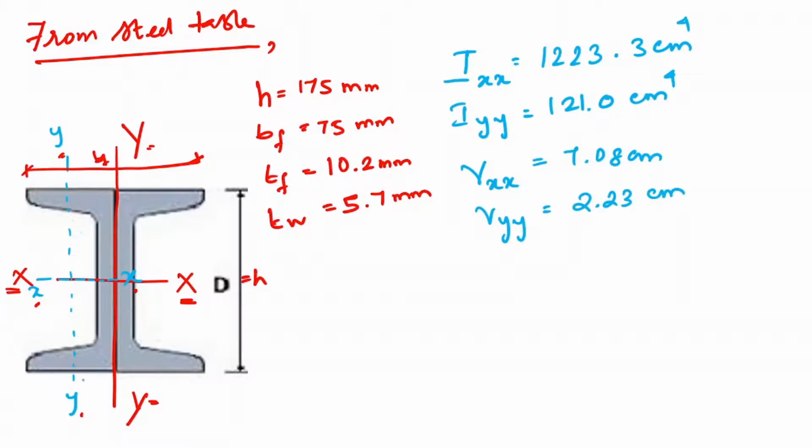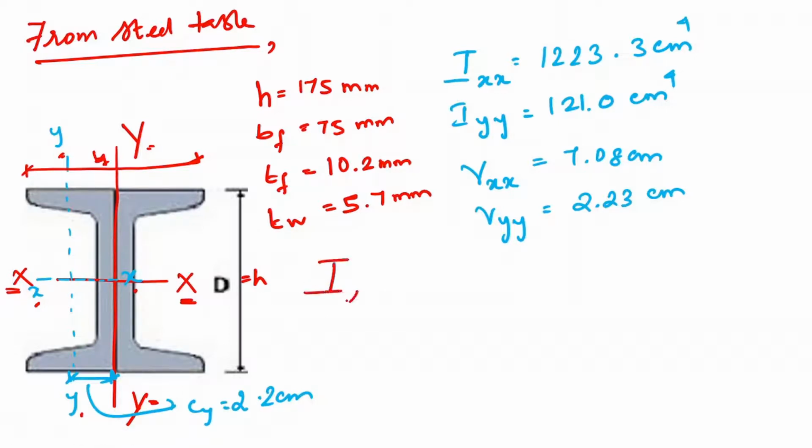And my CG along y, this is Cy, is 2.2 centimeter. Okay, now I have to find out my moment of inertia about XX and YY.